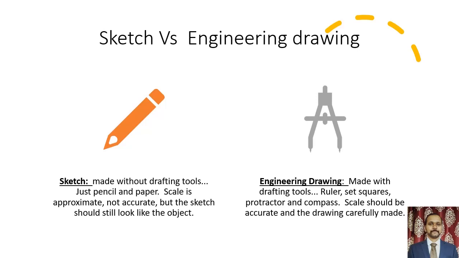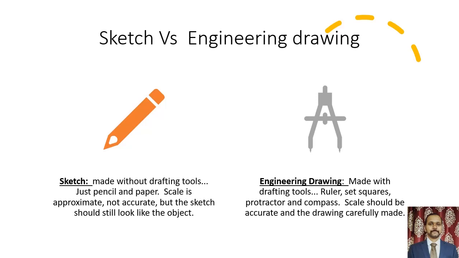And when we want to make this idea in an actual way, there is the concept of engineering drawing. It is made with all of the drafting tools, we can say ruler, set square, protractor, compass and all that. With the help of these tools, we are going to draw the engineering drawing.